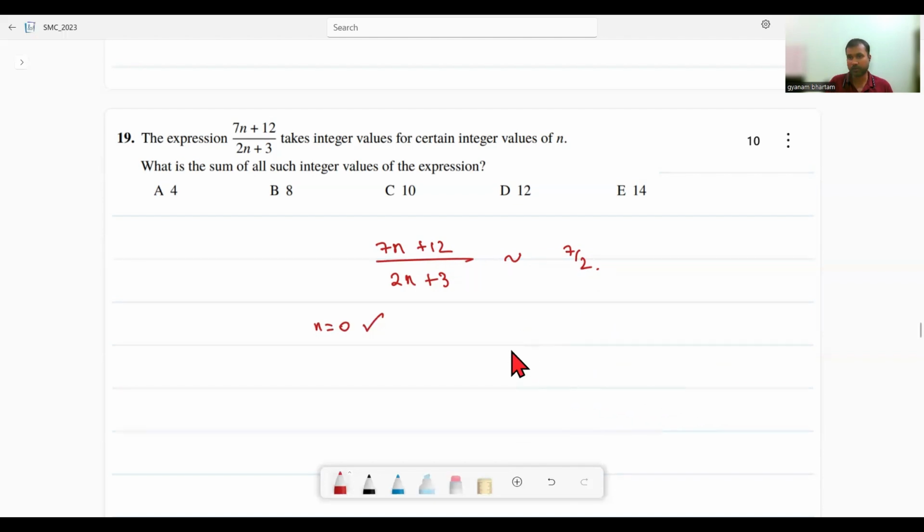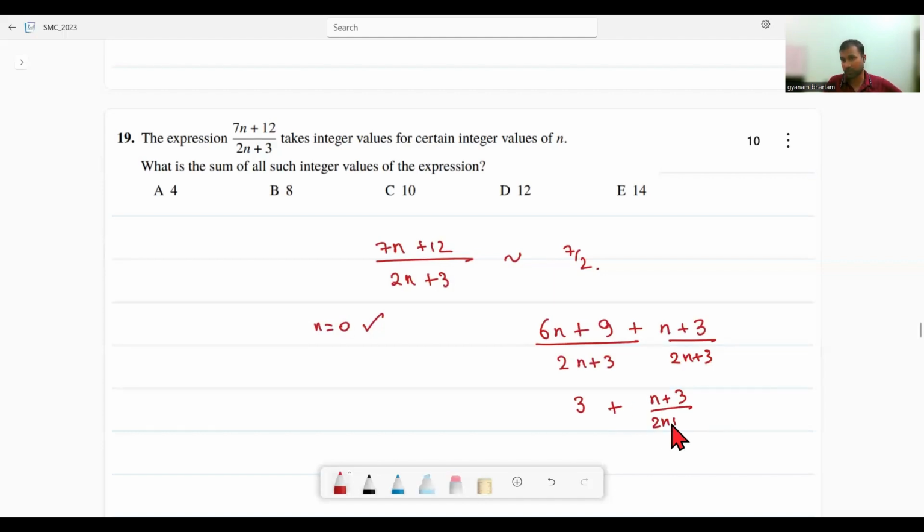Now this is not a good way. I think we can write 6n, and taking 3 common, 9, and what we are left with is n plus 3 divided by 2n plus 3. So this is going to give you 3 plus n plus 3 divided by 2n plus 3. n equal to 0 also satisfies this.